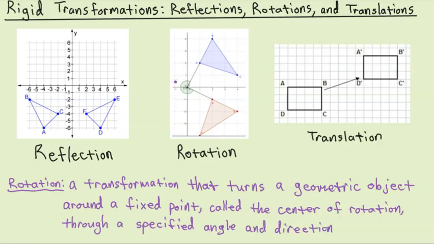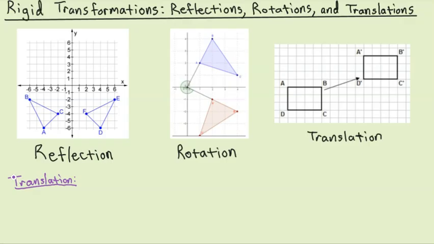For example, we may say a 90 degrees clockwise rotation. And that's what this is right here in this example. Here's the point of rotation right here, the origin. This is a 90-degree angle right here, and therefore this object is being rotated around the origin, the center of rotation, at a 90-degree angle in a clockwise direction.